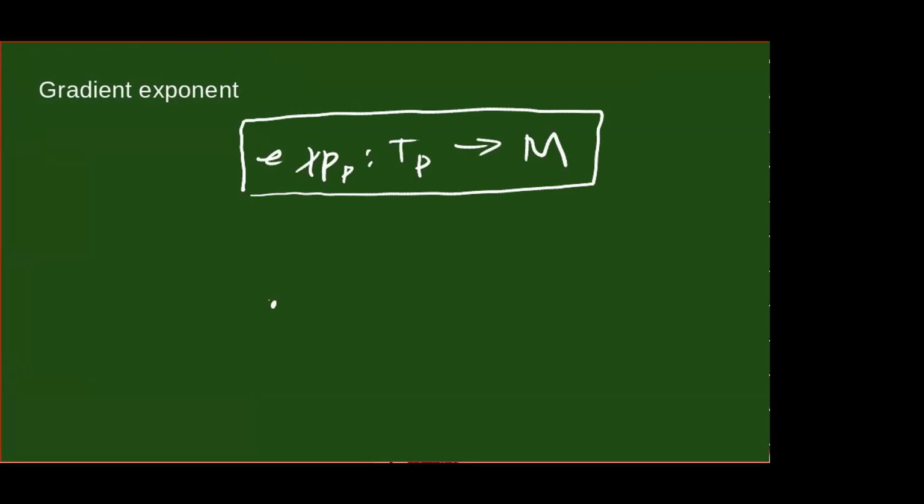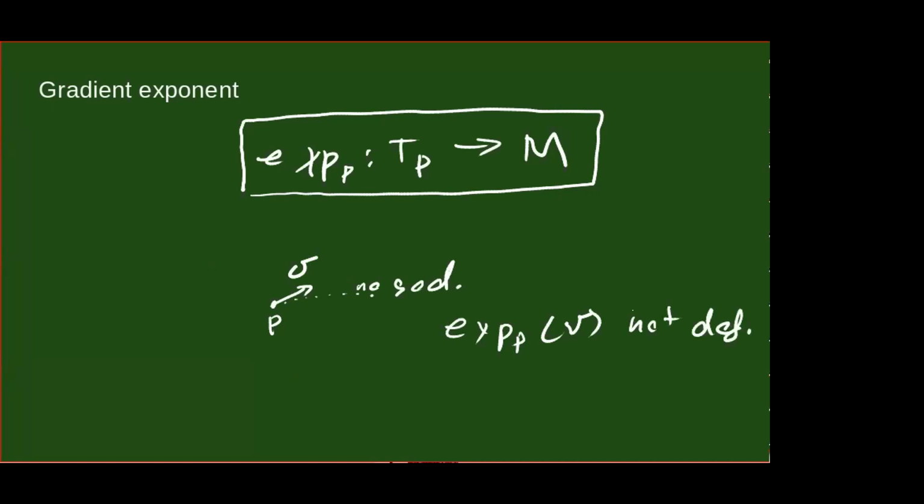You choose a direction at a point P, and there might be no geodesic in this direction. No geodesic, and so the exponent, if it's a vector V, exp_P of V, is not defined.